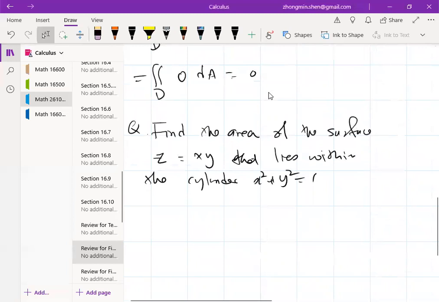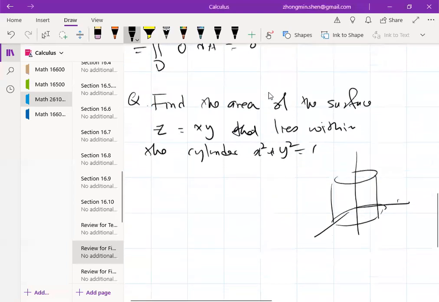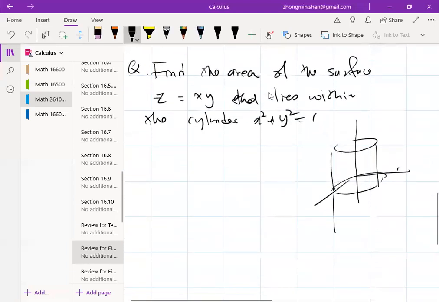I wish you to treat it like a surface integral of the constant 1 over the surface. Okay. So this is again the cylinder. The cylinder is the easy case, right? So the cylinder and z equals xy, and remember xy as a product could be negative.